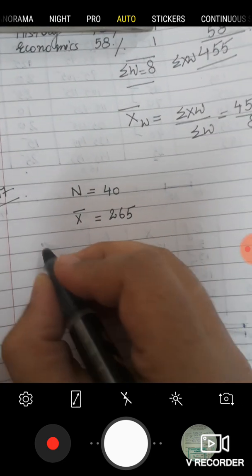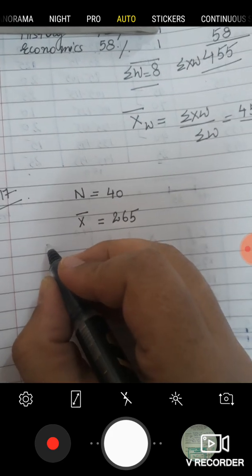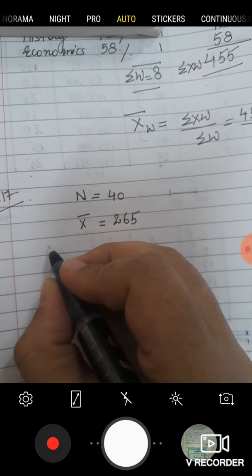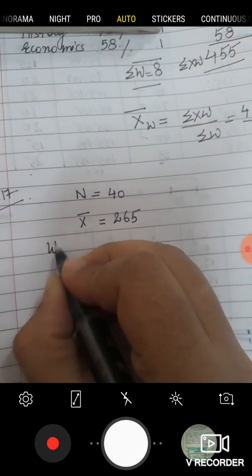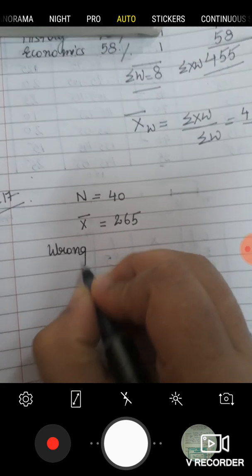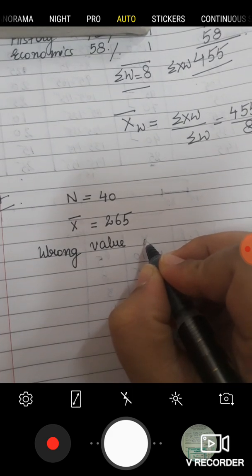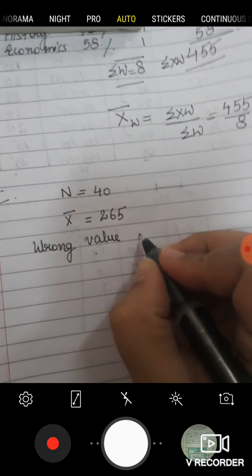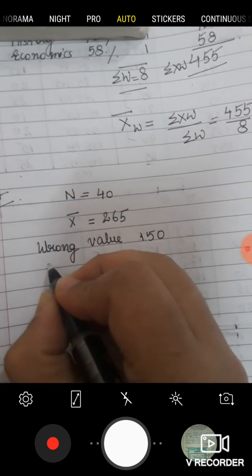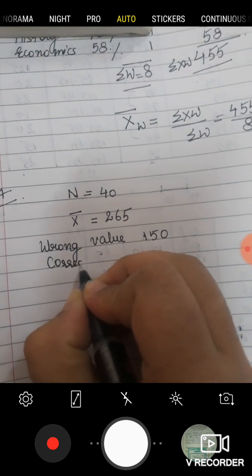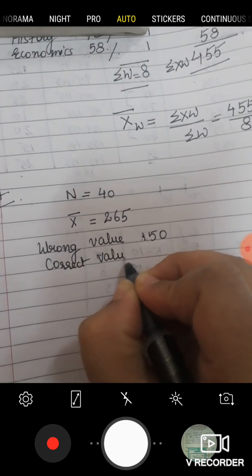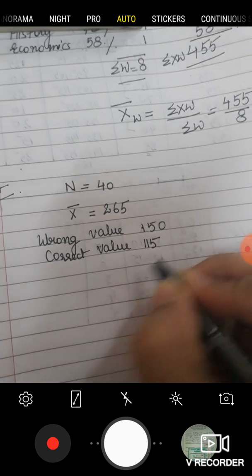So we will write the wrong value and the right value. The wrong value in the series is 150. The correct value in the series is 115, so we need to change 150 into 115.